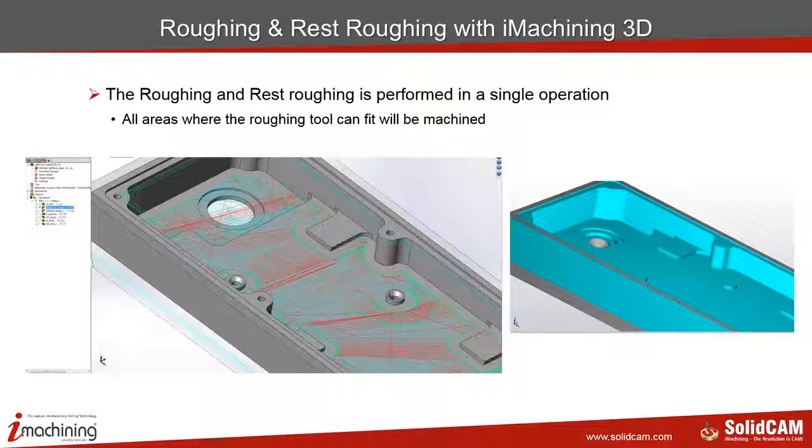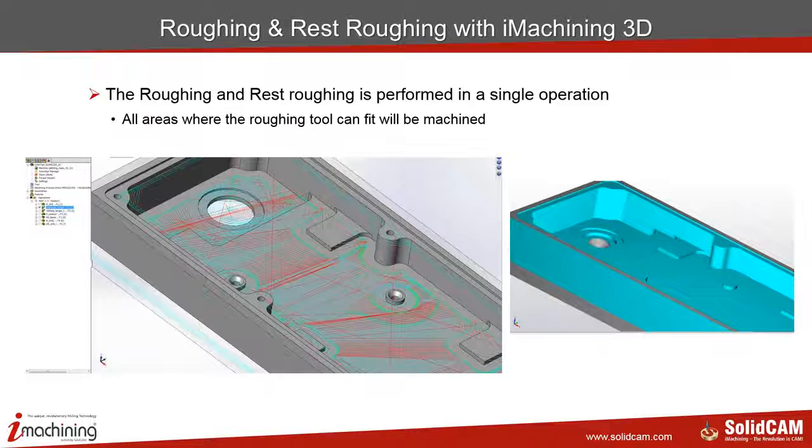Now, we do our roughing and rest roughing, which is what we just did in this operation. We did the roughing, which went all the way down to its very deepest steps, and then the rest roughing as it stepped up on the part itself. Okay? And that's the result we get.